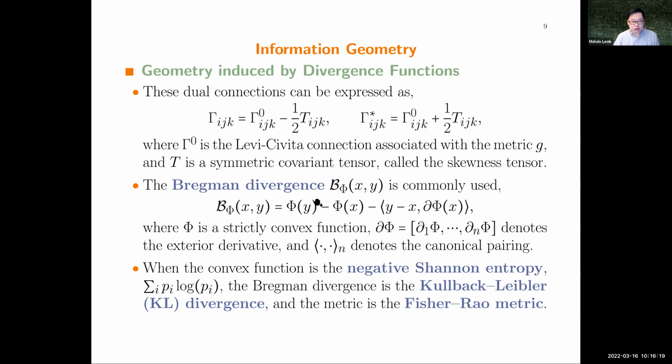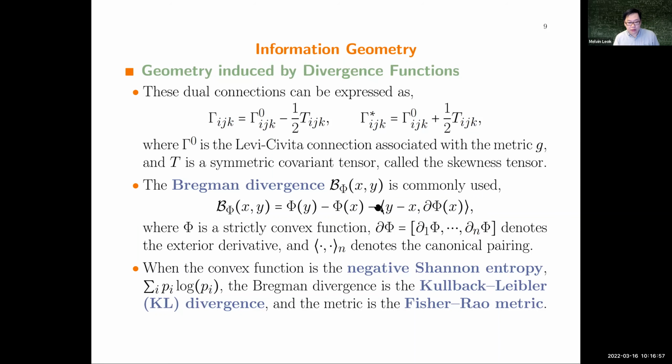All right, so you can ask, well, how do you go about constructing something with these kinds of properties, and one way to do this is to consider what's called the Bregman divergence, which is induced by a strictly convex function, and more or less it's the difference between the value of that convex function at one point and the first order Taylor approximation of that convex function expanded around a different point. Okay, so that's what this Bregman divergence is.